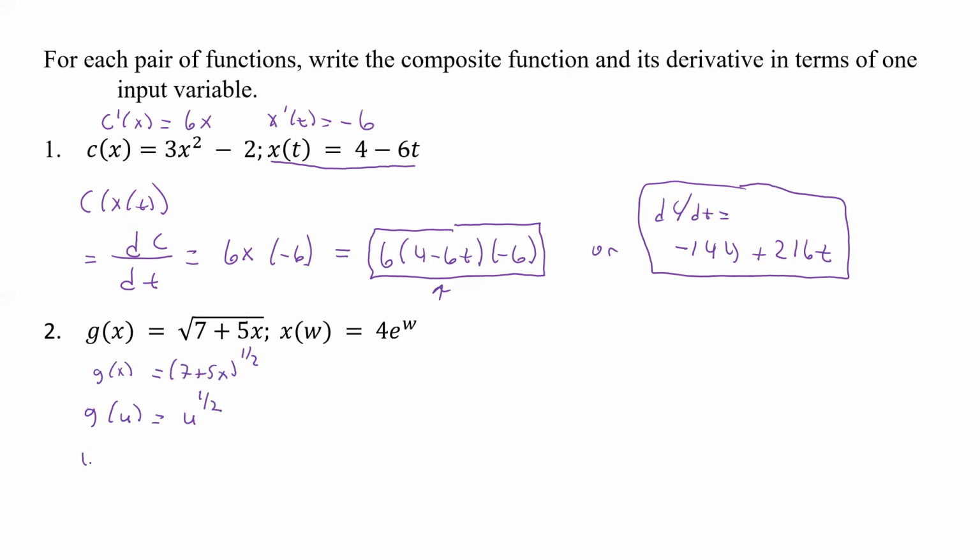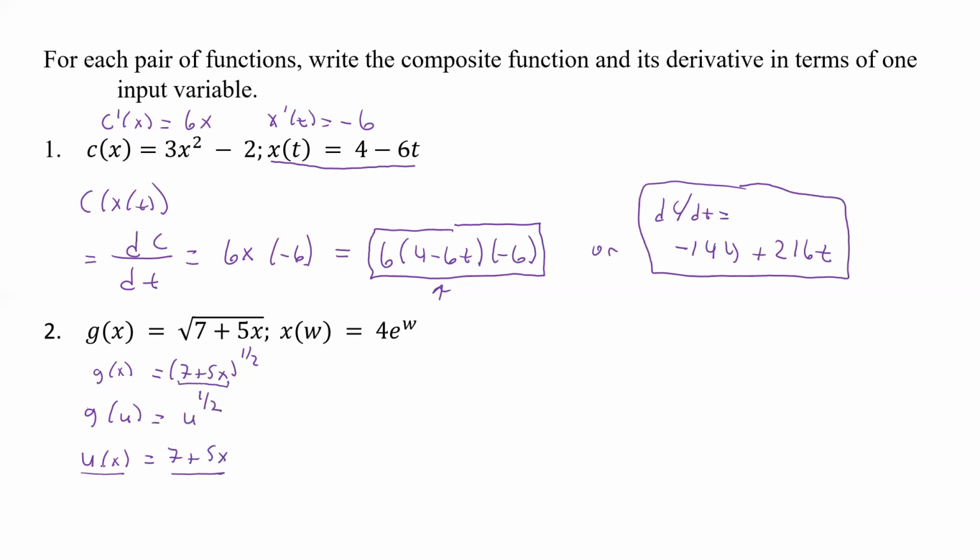Well, we said our u of x is equal to 7 plus 5x. So we're splitting this apart. We're taking what's inside here and calling that the u function. Then what's left, if we replace that with u, is u to the 1 half. That's going to be our g of u. So this is getting us into the u substitution.